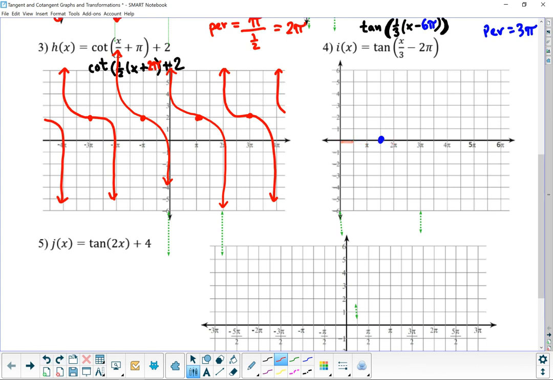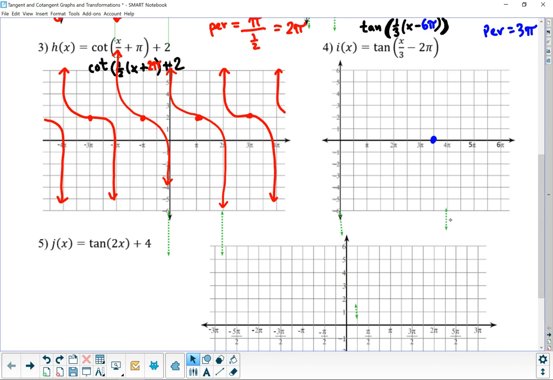Okay, so if we move this 4 blocks, 1, 2, 3, 4, and that means each of my period. Okay, remember, my period is 3 pi, which is actually 6 lines or 6 blocks. It's going to move 4 blocks also.